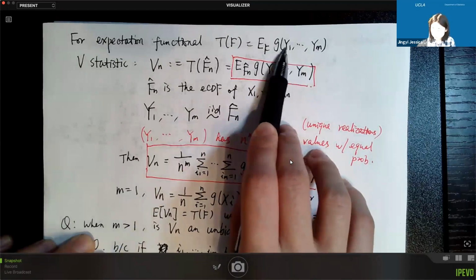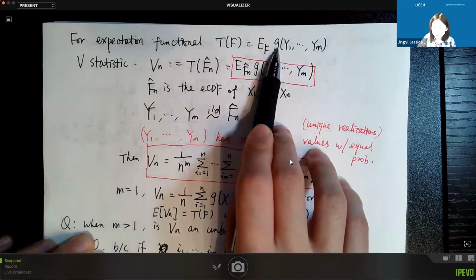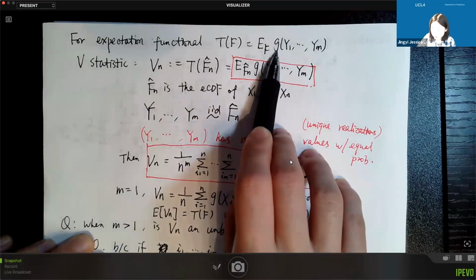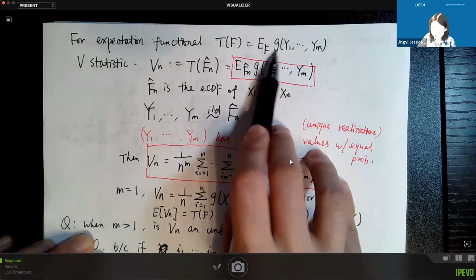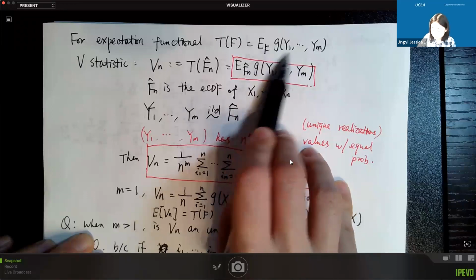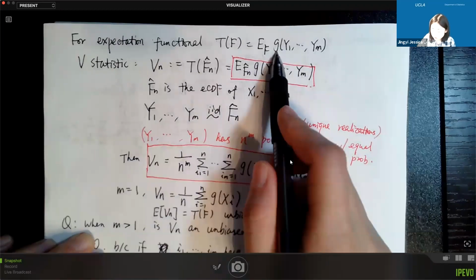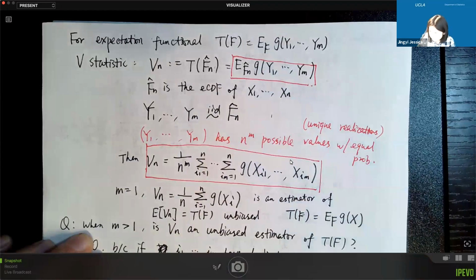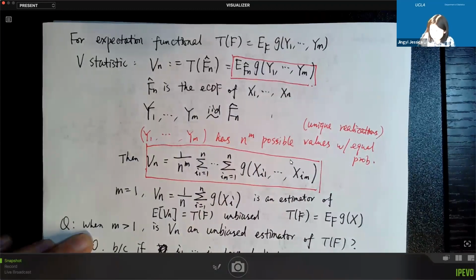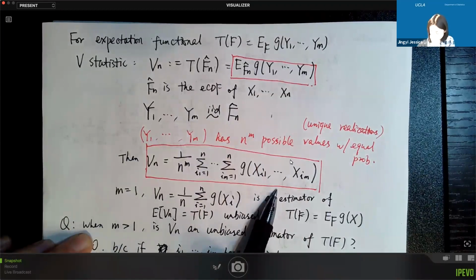Even if our G doesn't satisfy this, we can always create a version called G star that is symmetric across its m arguments and has the same expectation as G. So without loss of generality, we just assume G to be symmetric, and we call this G a kernel function.